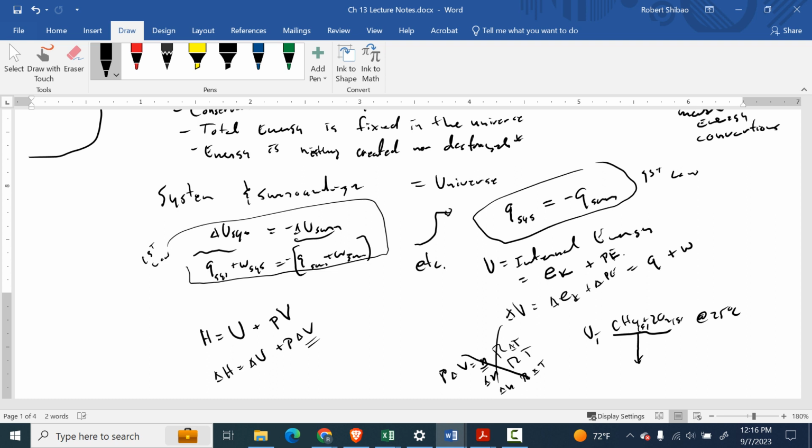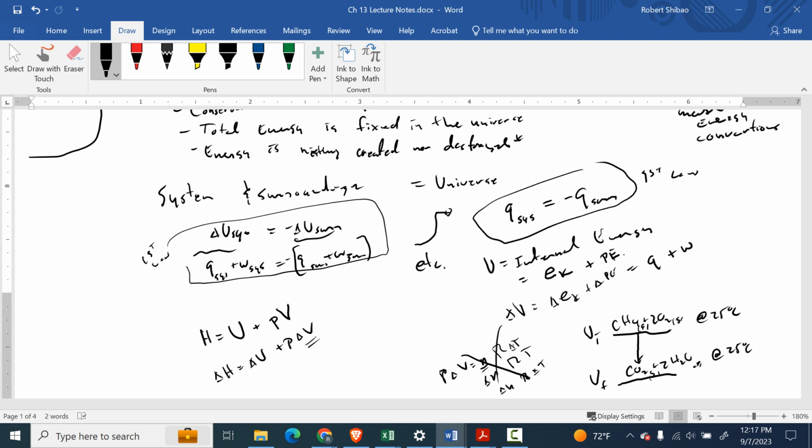But initially, we'll just say the temperature is 25 degrees C. And what does this form? Carbon dioxide. Yeah, this is going to form carbon dioxide and actually 2 waters. This is going to have lower energy. But what we're going to do is let the carbon dioxide and water cool back down to 25 degrees C. So we're going to do this reaction at room temperature. The temperature is going to skyrocket and then cool down again.